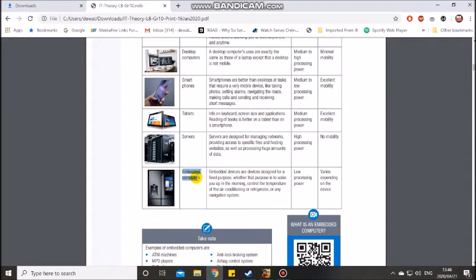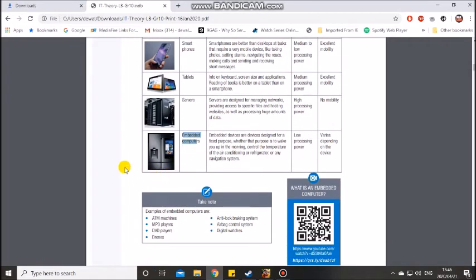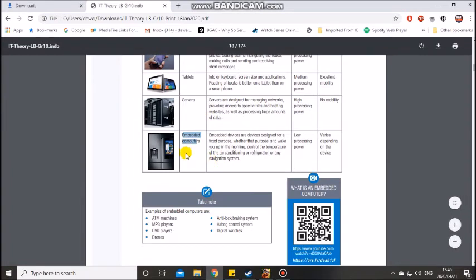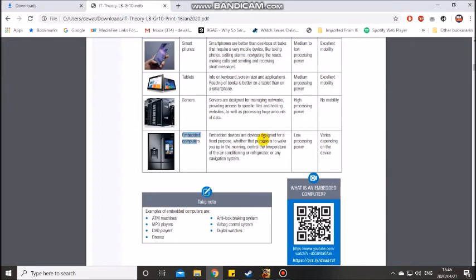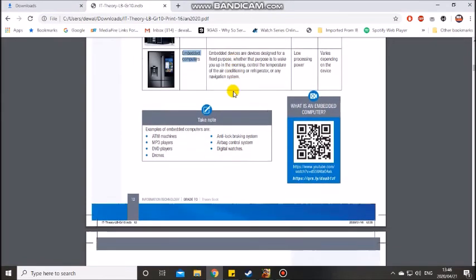If you have a fridge, you're not going to keep on moving the fridge every 5 seconds, so the mobility there would be very low. But if you look at something like a navigation system or a sat nav, then it moves with you in the car, but you can't physically take out the navigation, except if it's a GPS you can just clip on, so then you can carry it around with you everywhere you go.